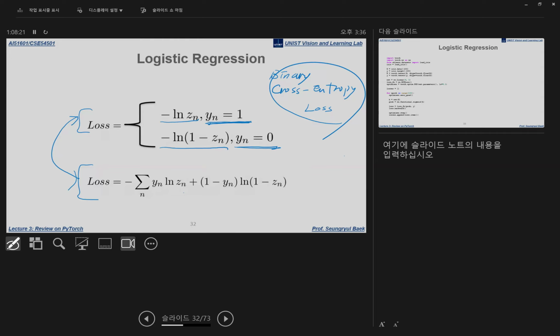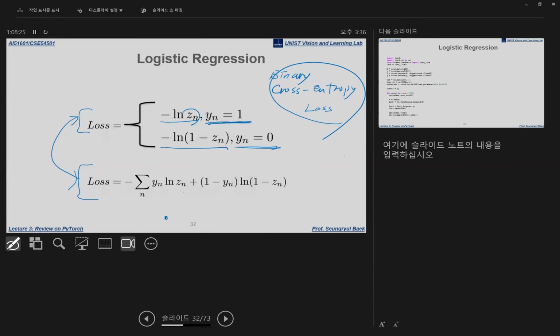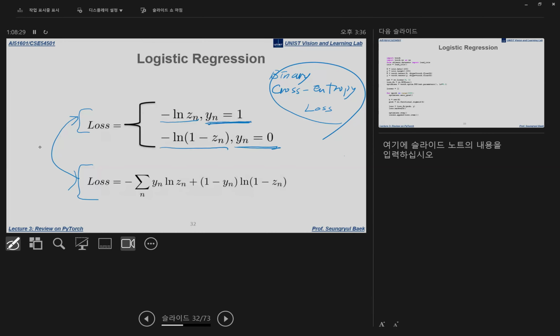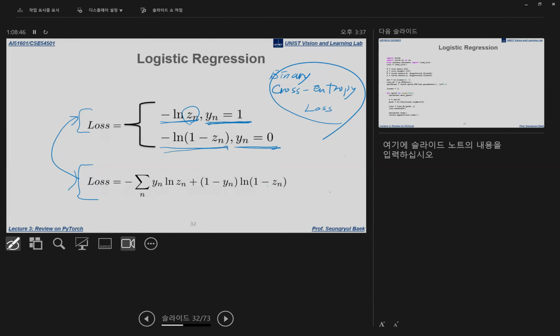Okay? So z here is the same thing as in this slide, the output for the nth sample. We apply minus log to the nth sample's output when its ground truth is 1, and we apply this type of loss function when its ground truth is 0. Okay.